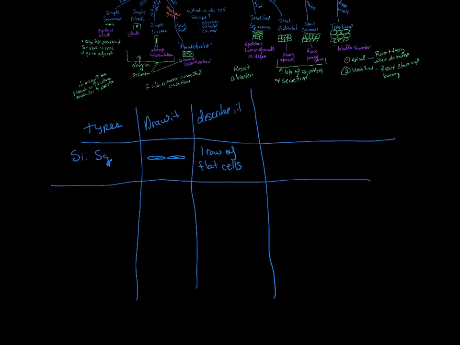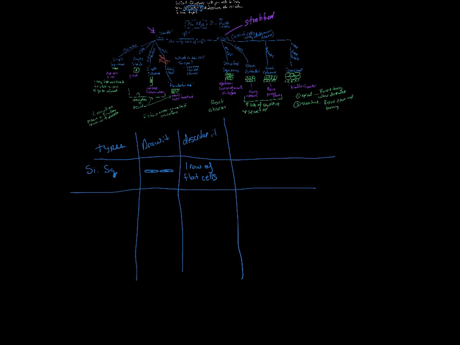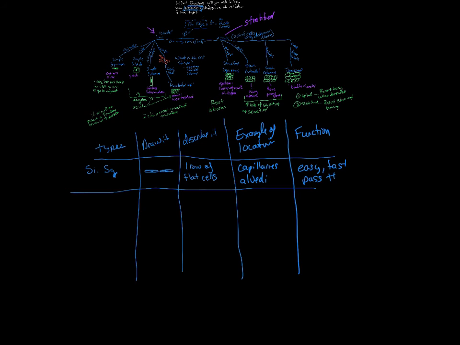And then I'm going to come over here and I'm going to say example of location. And I'm going to put in there capillaries, alveoli, okay? And then I'm going to put function. And that's where now I'm going to just put easy, fast, pass through. And also plus slippery.